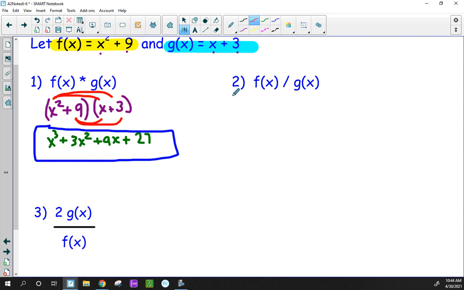Okay, example 2. F of x divided by g of x. So f of x, I'm just going to rewrite this. It could be written this way as well. F of x divided by g of x. We need to put the f rule on top. So x squared plus 9 goes here.